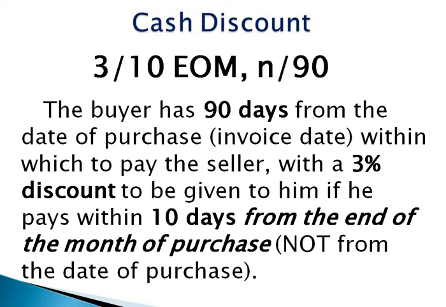Of course, he gets no discount if he pays after the 10th day from the end of the month of purchase. Whether he likes it or not, he has to pay within 90 days from the date of purchase or invoice date.